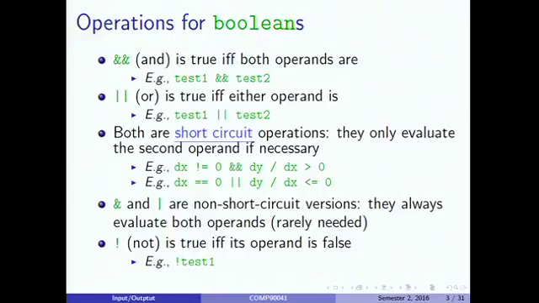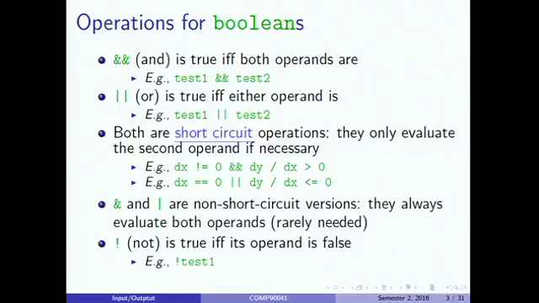Or if you like, it's false if either of its operands is false. The pipe, two vertical bars, is disjunction, is or, and that's true if either of the operands is true, and it's false if both of the operands are false.